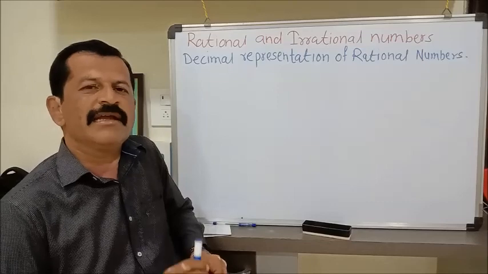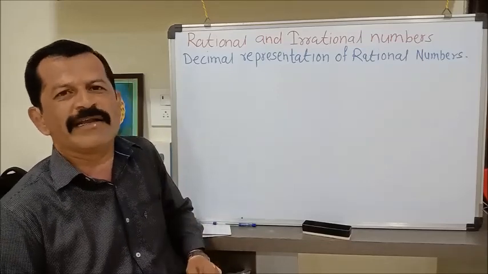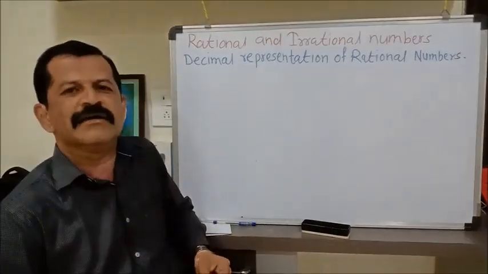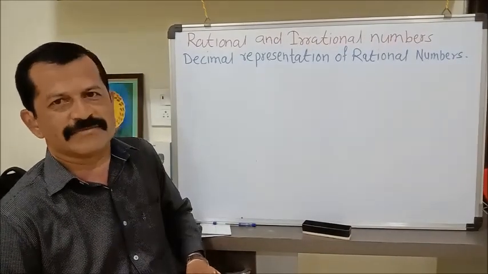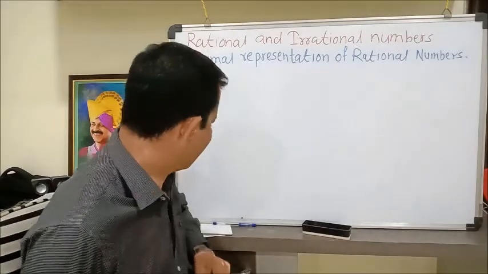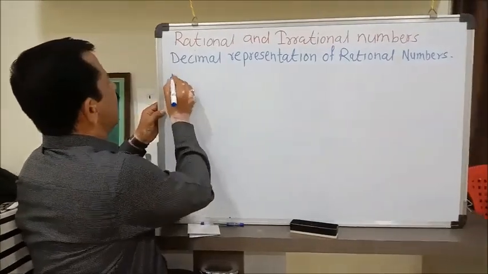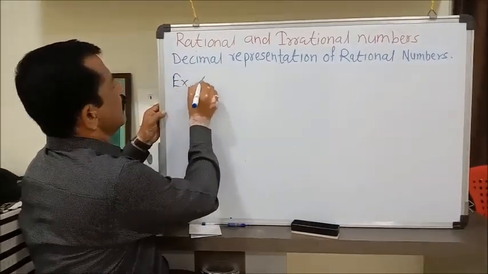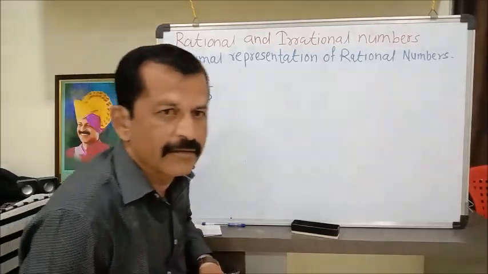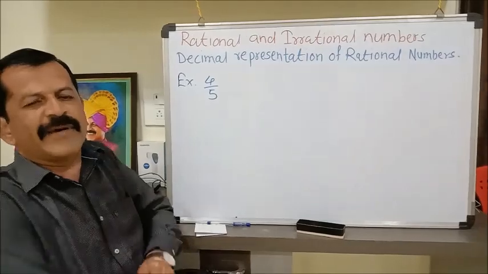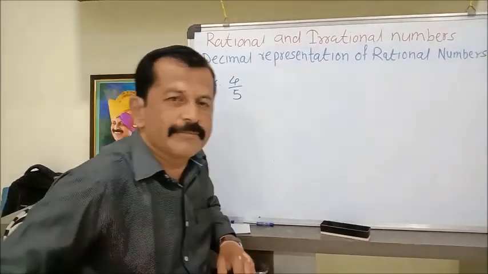That means we use the decimal point and write a rational number as a decimal fraction. So we take one example. The first example is 4 by 5. 4 is the numerator and 5 is the denominator.